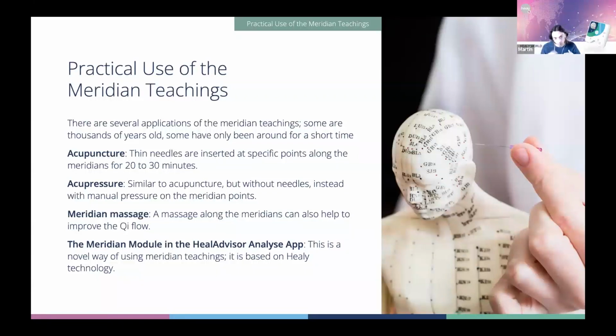For that, you need to know where they actually flow or are located on the body. And the Meridian module of the HealAdvisor Analyse app is a very novel way to use those meridian teachings. And it's using Healy technology at its best.